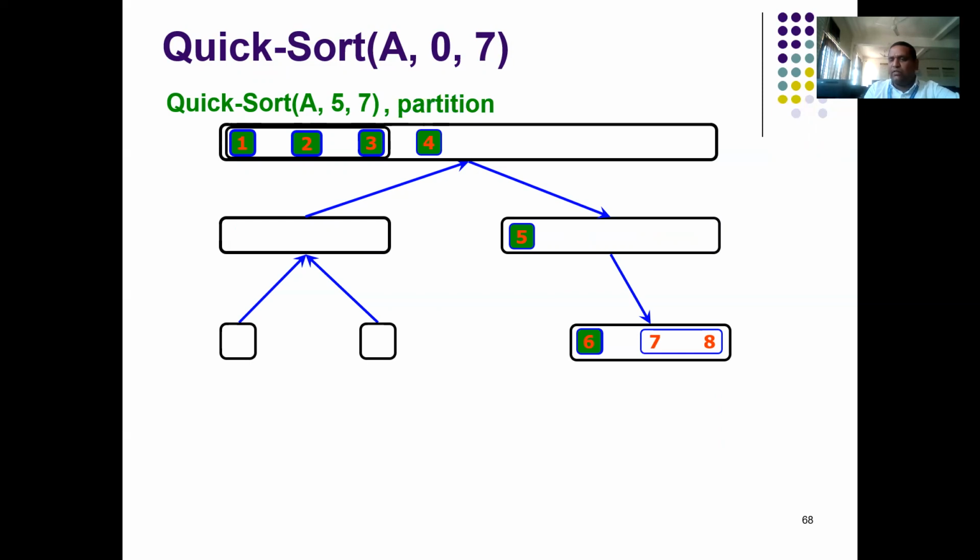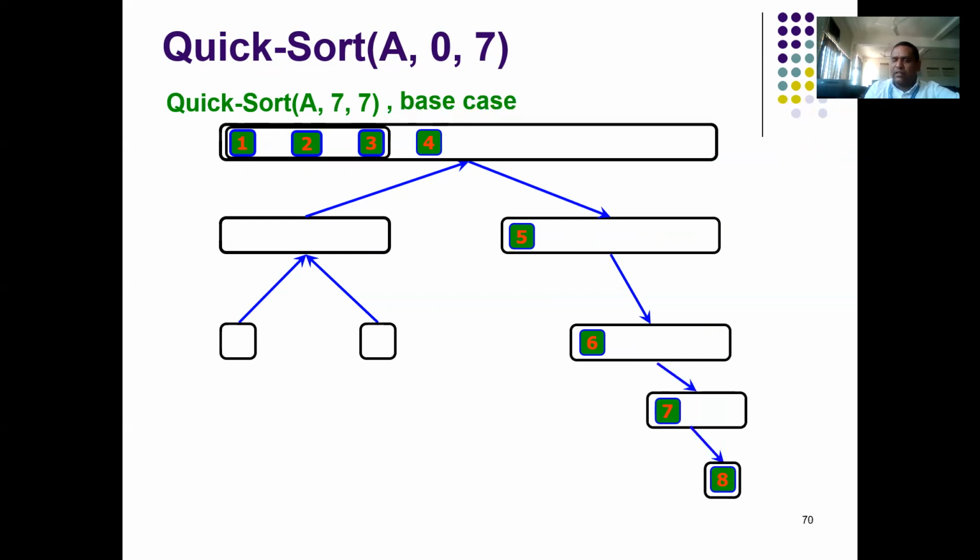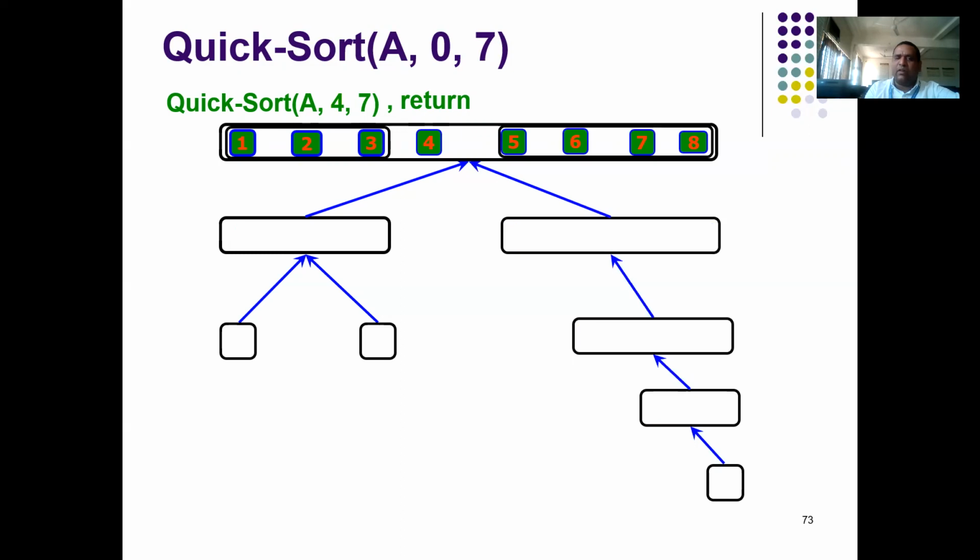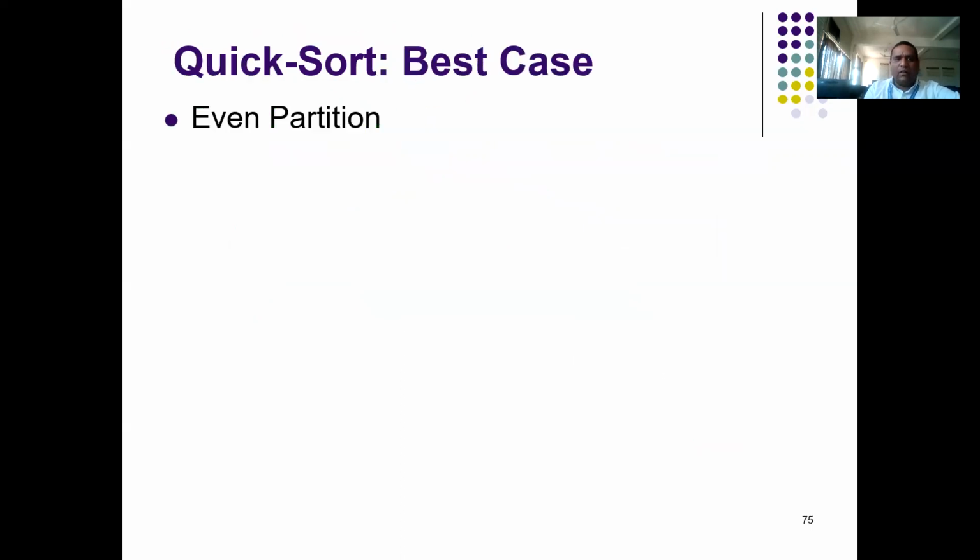Partition gives the actual position of 6. There is nothing on the left-hand side, but there are 2 elements on the right: 7, 8. Again call 7, 8. This is the base condition. Return the values 7, 8, then return 6, 7, 8, and QuickSort is done. Then here, I have all the values 1, 2, 3, 4, 5, 6, 7, 8.